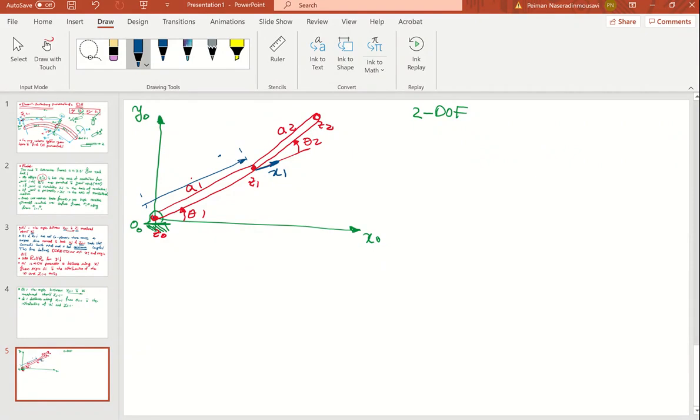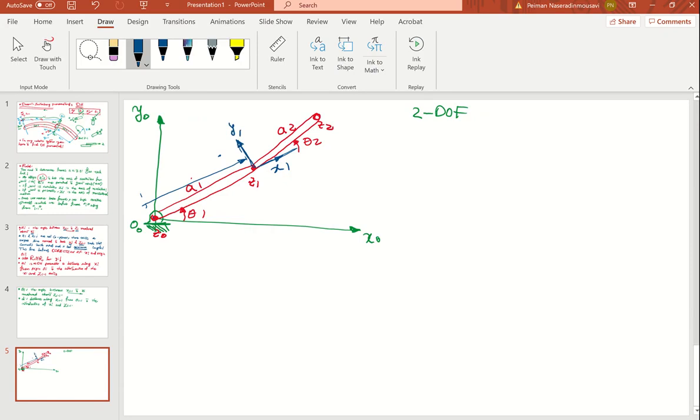That's right. So now, based on the right-hand rule, here you're going to say, this is very bad plotting. Let me plot it correctly. This. Okay, here is going to be x1. Now, using the right-hand rule, here is going to be y1.